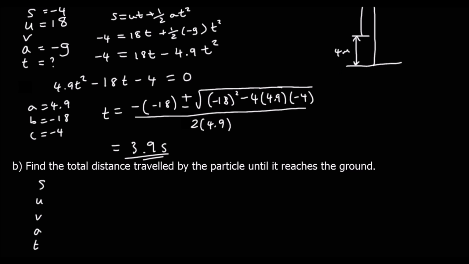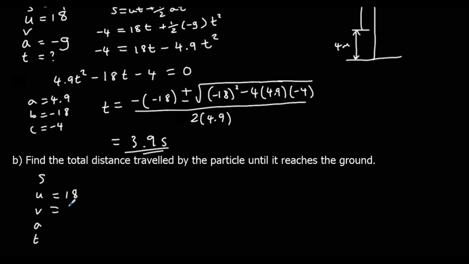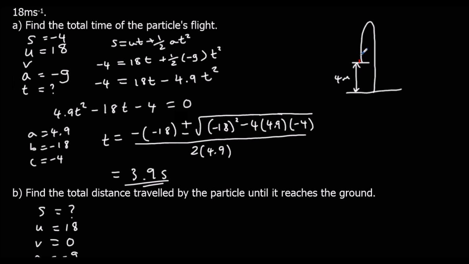If we work out, we know that u is 18. So if we work out the distance until it gets to its maximum height, then we would work out this red distance, and then S plus S plus 4 would be the total distance travelled, because it didn't travel the first 4 meters.